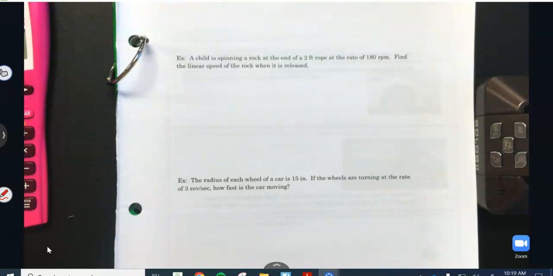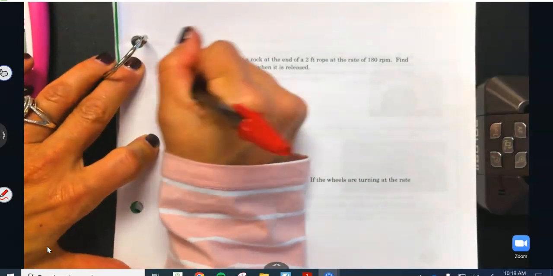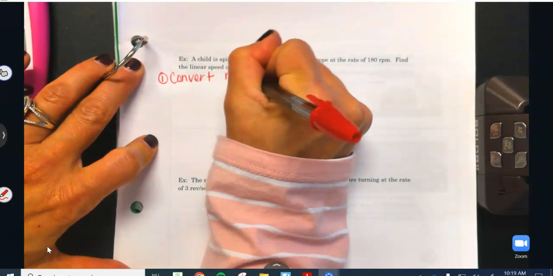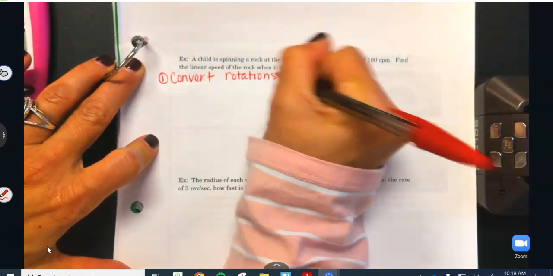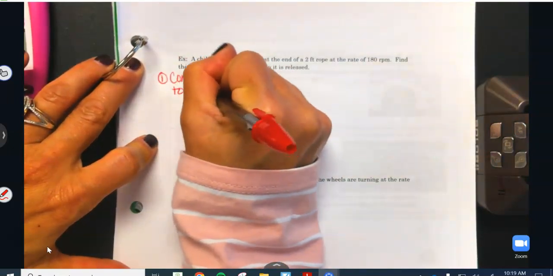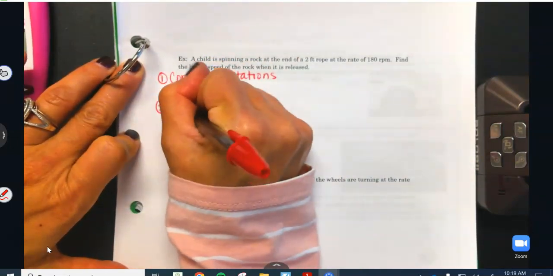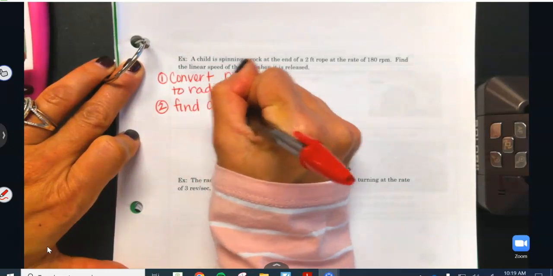All right, so let's talk about our steps for linear speed. Number 1, convert rotations to radians. Number 2, find angular speed.